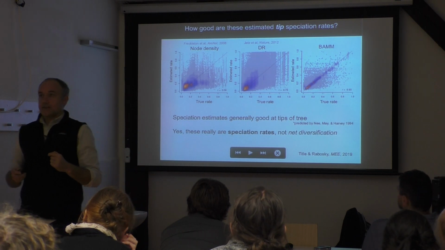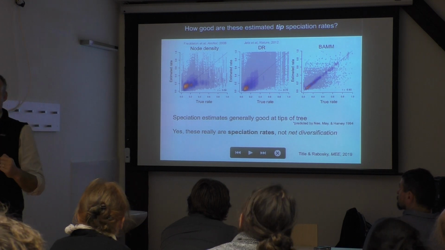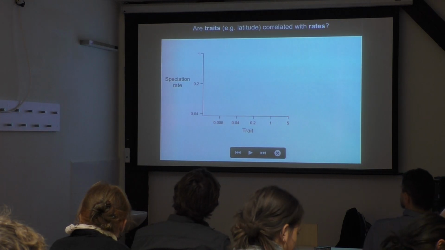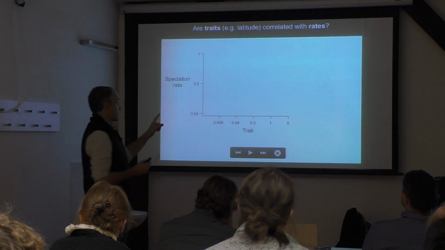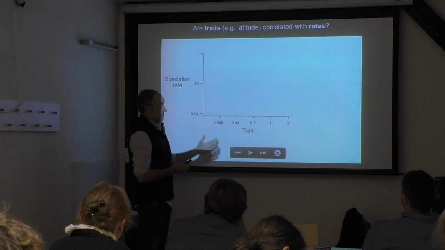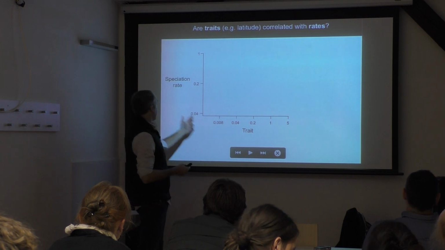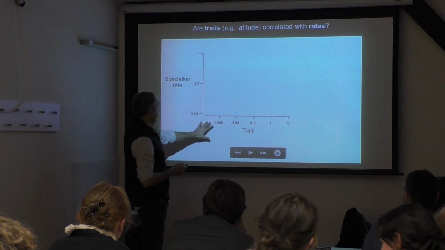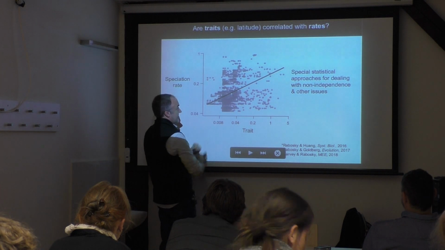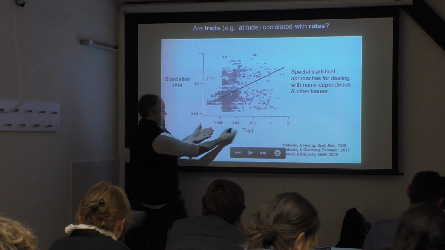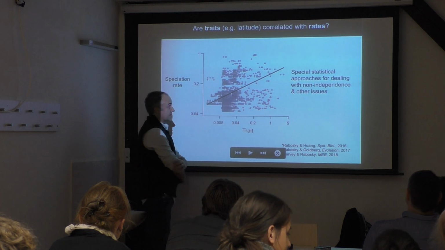One other point: you'll also see some analyses like this right here, where I'm going to ask whether particular kinds of traits like latitude are correlated with rates of speciation. You'll see some analyses where we look at a very messy cloud of speciation rates, and we want to see whether a trait like latitude actually affects the rate of speciation.